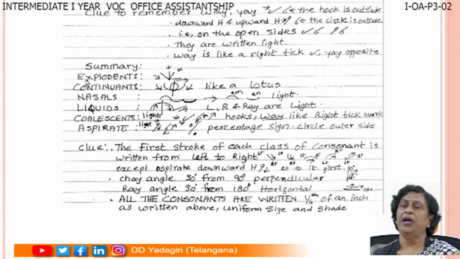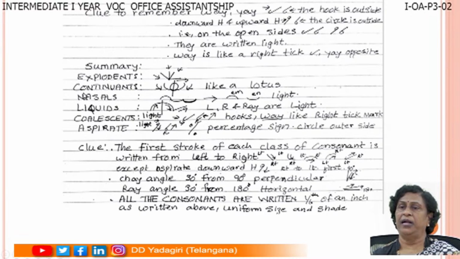Now, a summary of explodants. With the 4 straight strokes we had formed 8 consonants. And what were they? With the left form, left to right: PB, this is TD, this is JJ, and this is your K and G. Follow? And this diagram looks like a half flower.